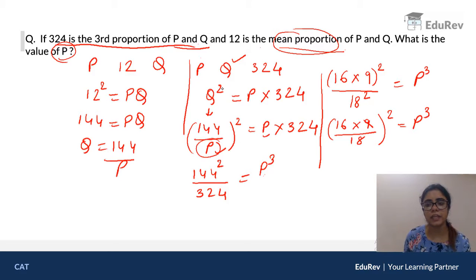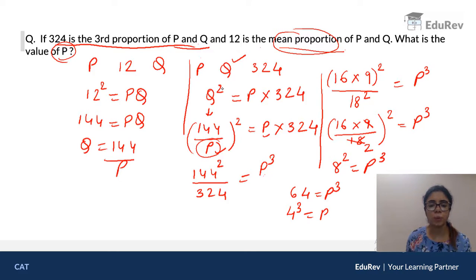This will become 9 ones are 9, twos are 18. 16 upon 2 is 8 square is equal to p cube. Correct? 8 square is what? 8 square is 64 is equal to p cube. So can I say 64 is 4 cube? 4 cube is equal to p cube. So your value of p will become 4. So this is your answer.